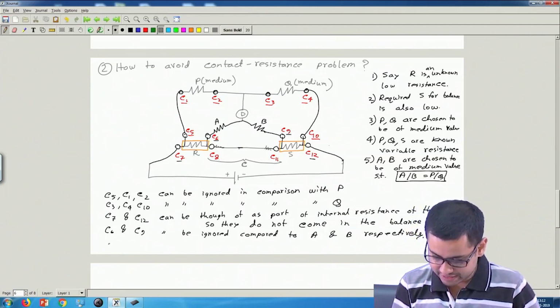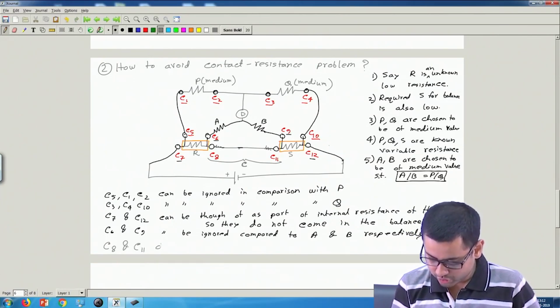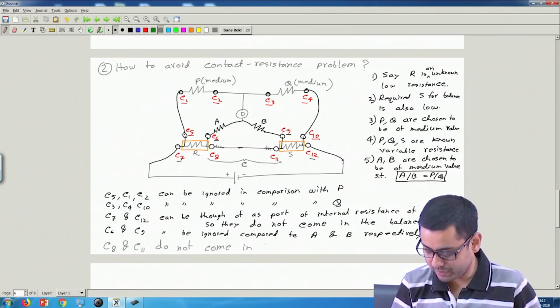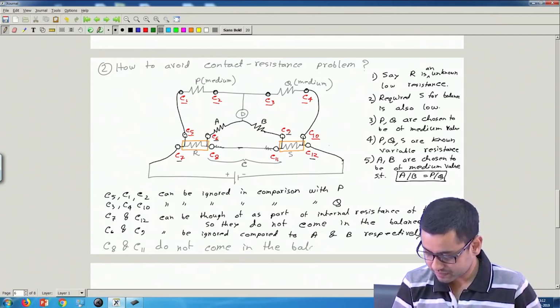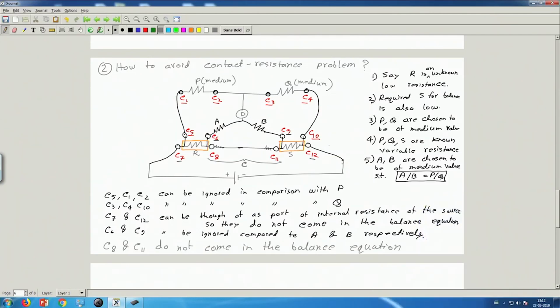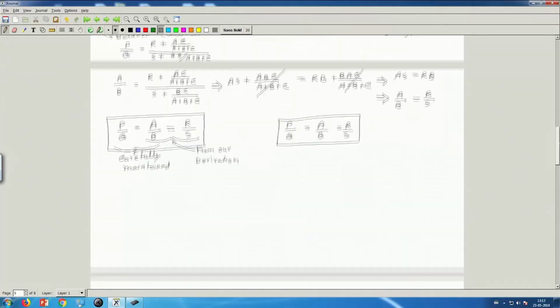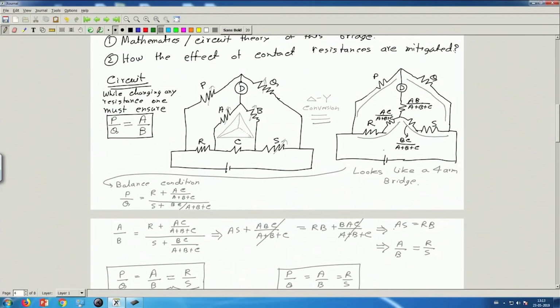C8 and C11 do not come in the balance equation.